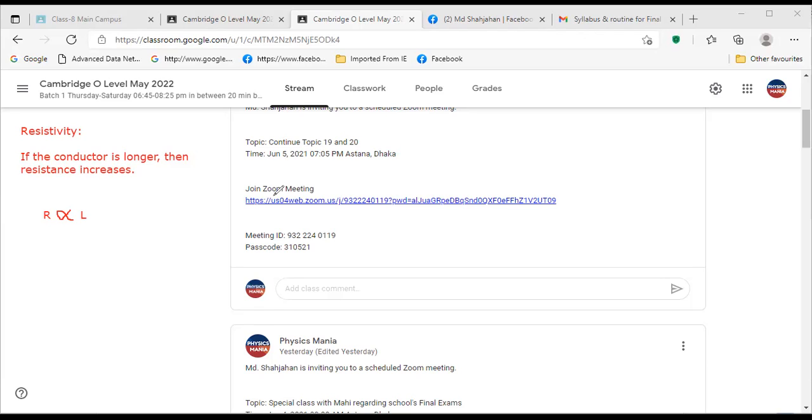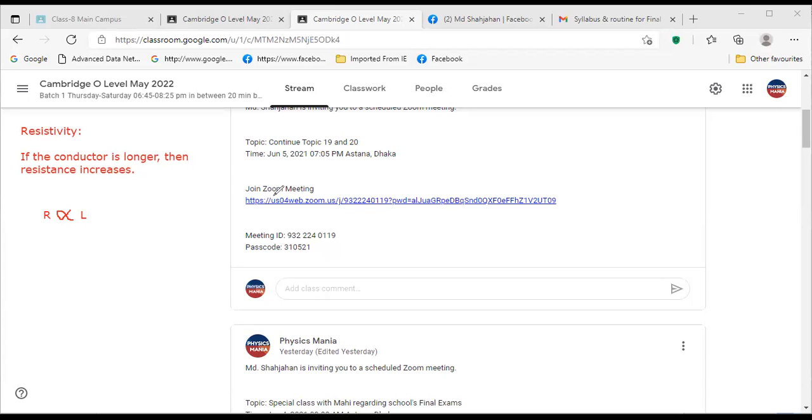Again, I'm repeating, if the wire is thicker, the current is more, right? So the resistance will be less, isn't it? Because current and resistance are opposite to each other, isn't it?